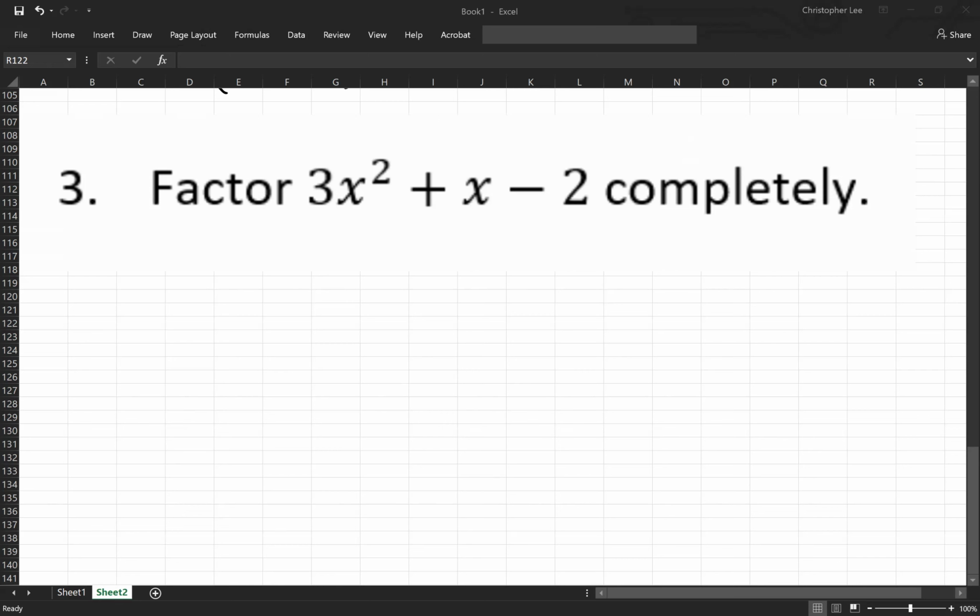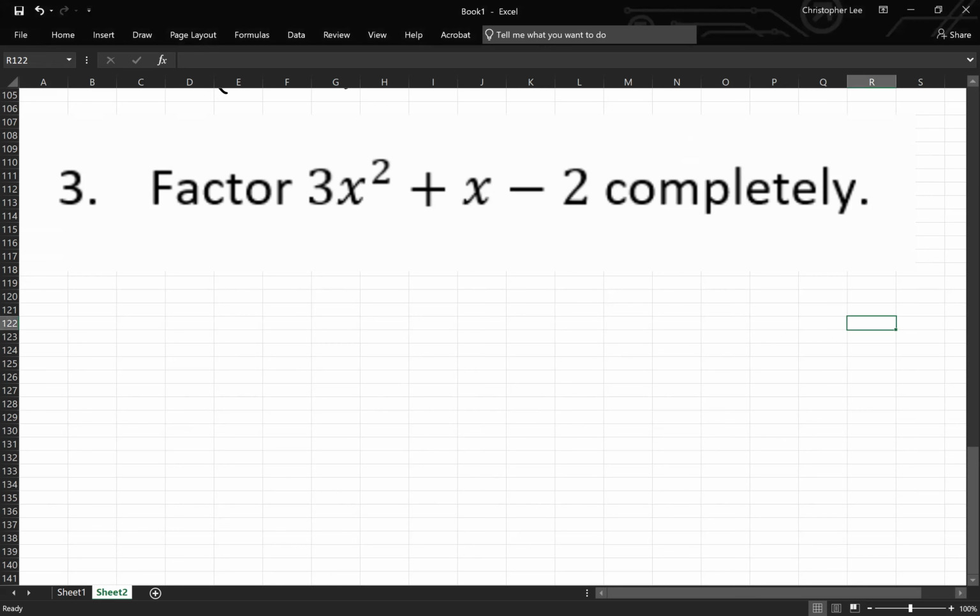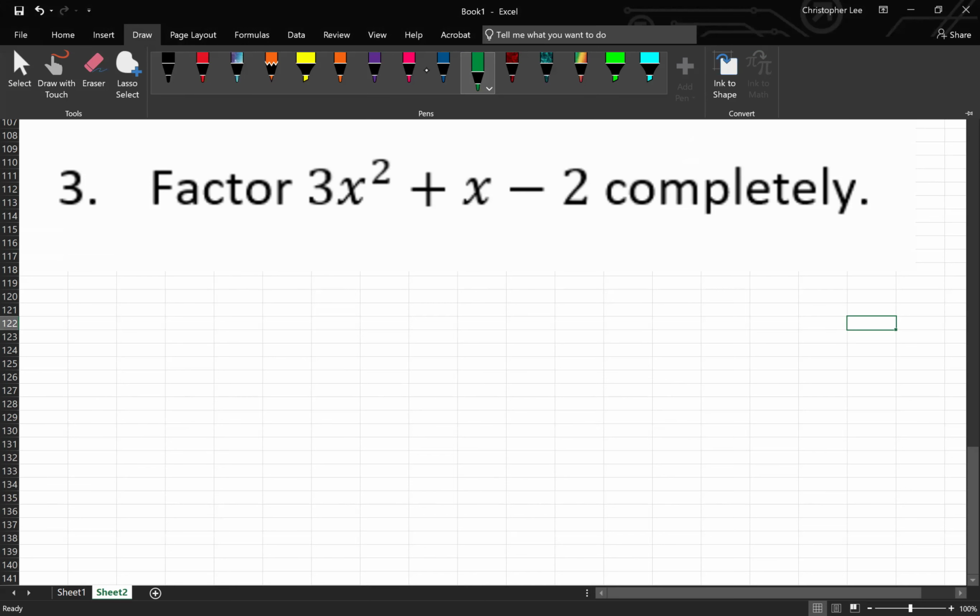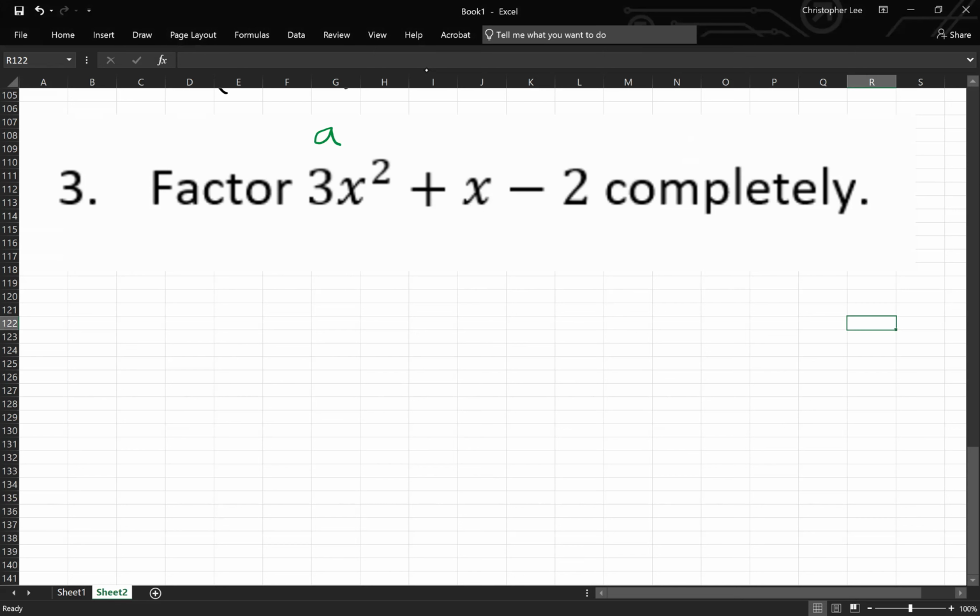All right. Walk me through how to do this. AC method, right? Before we do the AC method, I just want to recap real quick with everybody. So this expression is in the form ax squared plus bx plus c.